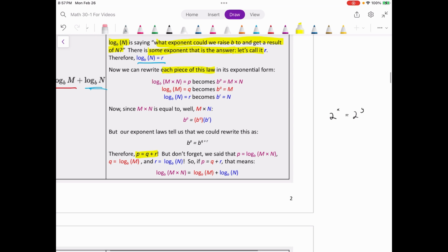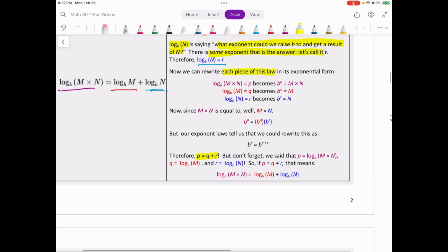But this is where the kicker comes. If p is equal to q plus r, well, p is just log base b of m times n. Remember, p was just the power b would need to become m times n. And q was just log base b of m, and similarly, r was just log base b of n.